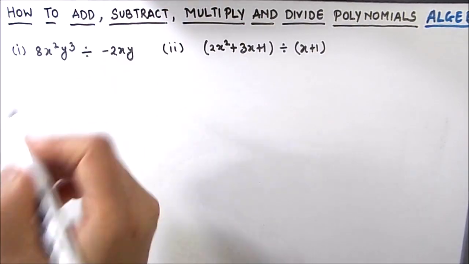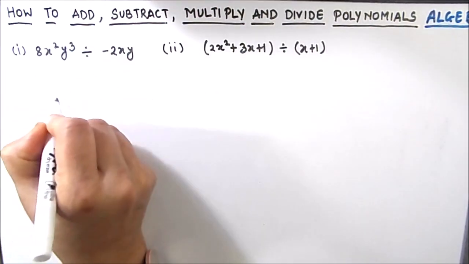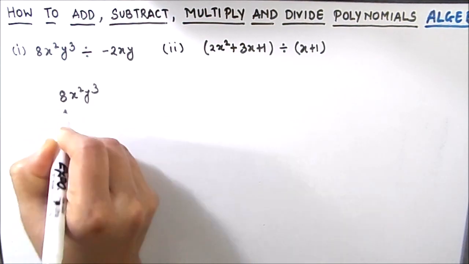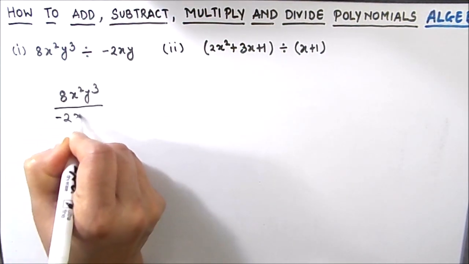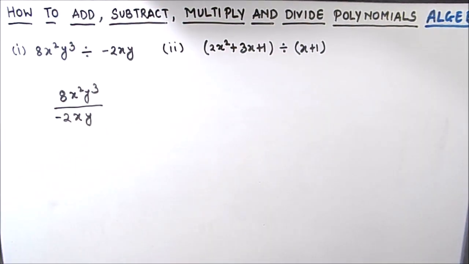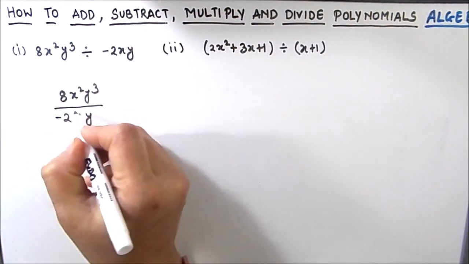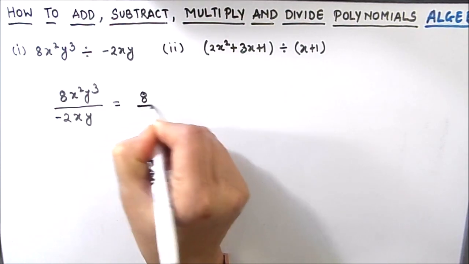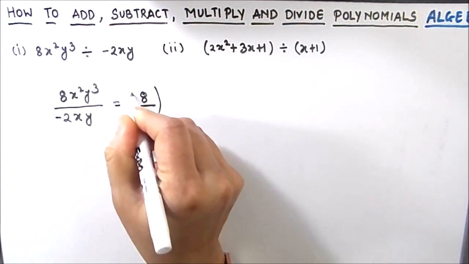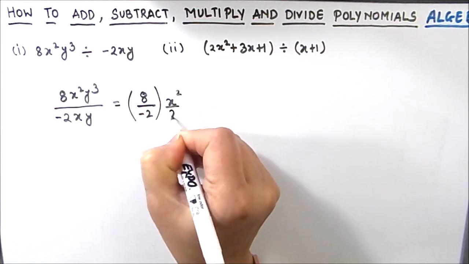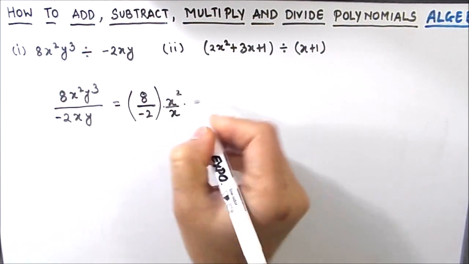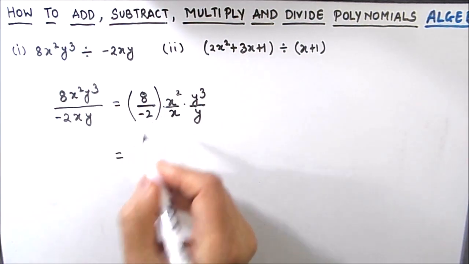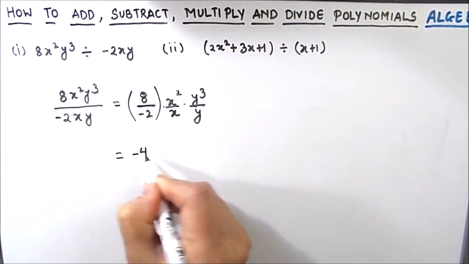So in our first example, we have two monomials. This one is 8x square y cube divided by negative 2xy. So for dividing a monomial by a monomial, we need to divide each term. So this will be 8 divided by negative 2, x square divided by x, and y cube divided by y. 8 divided by negative 2 will be negative 4.